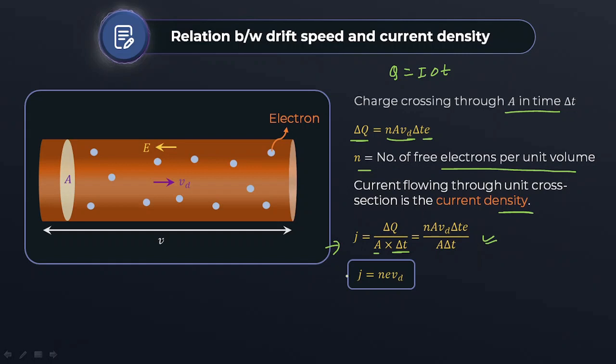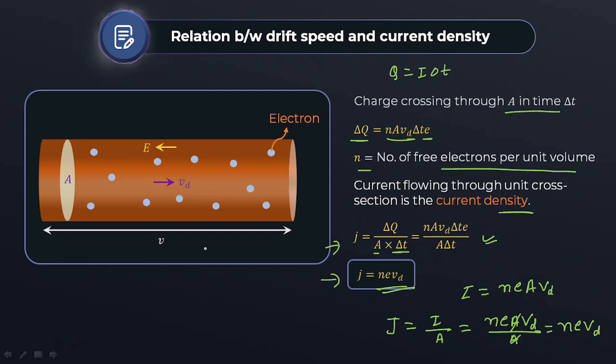See, I is n e A v d, where v d is drift velocity. We know current density equals current by area of cross section, so we can write n e A v d divided by A. So A gets cancelled and we have n e v d. Simple. Yes or no? Clear to everyone?